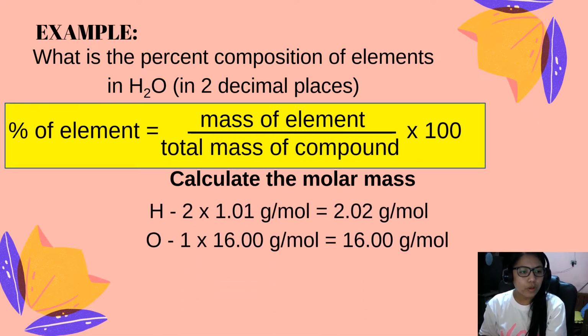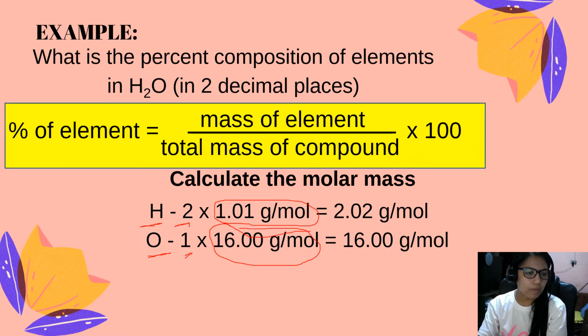Ayan po. So hydrogen and oxygen. Ang hydrogen ay merong 2 atoms, ang oxygen ay 1 atom. So, yung 2, i-multiply natin sa atomic mass na makikita ninyo sa periodic table. And 1, i-multiply natin sa atomic mass na 16 gram per mole.